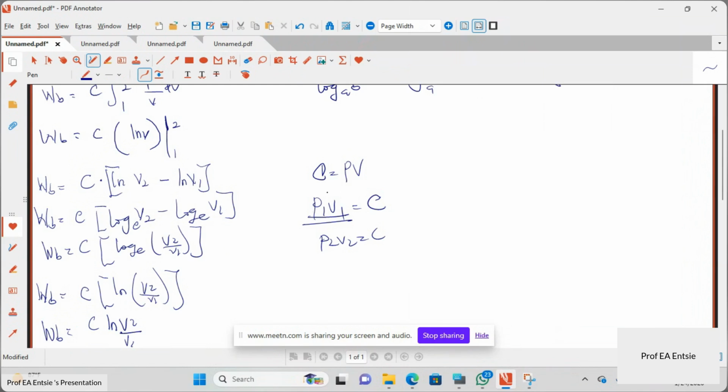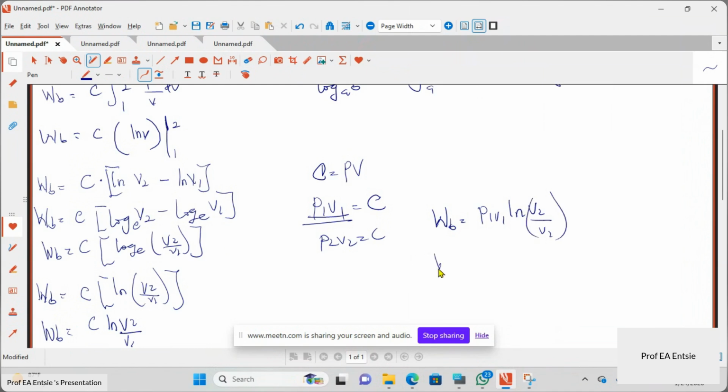If they give you the initial pressure and initial volume, you put C as P1 V1. In that case, the boundary work done will be P1 V1, which is the C, ln V2 over V1.